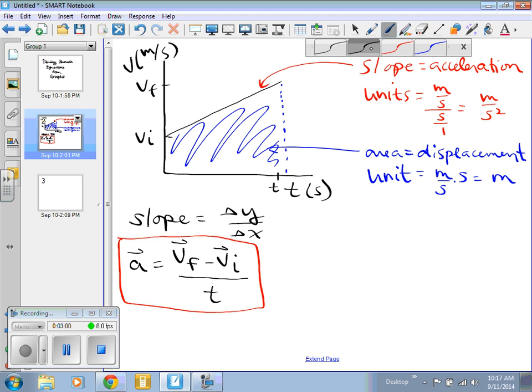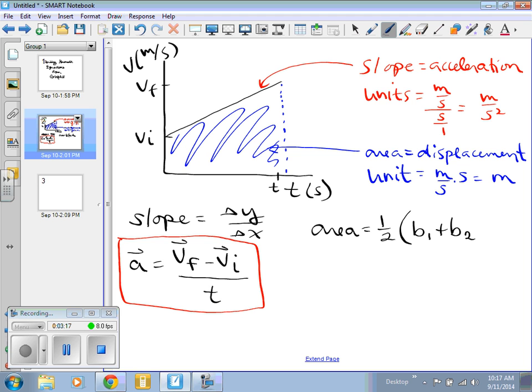We can also use our area. The shape of that area under the curve is a trapezoid, and the equation for a trapezoid is 1/2 times base 1 plus base 2 times the height.